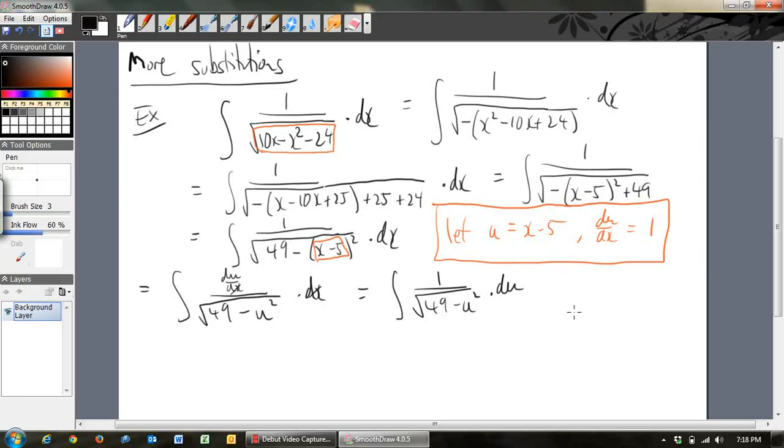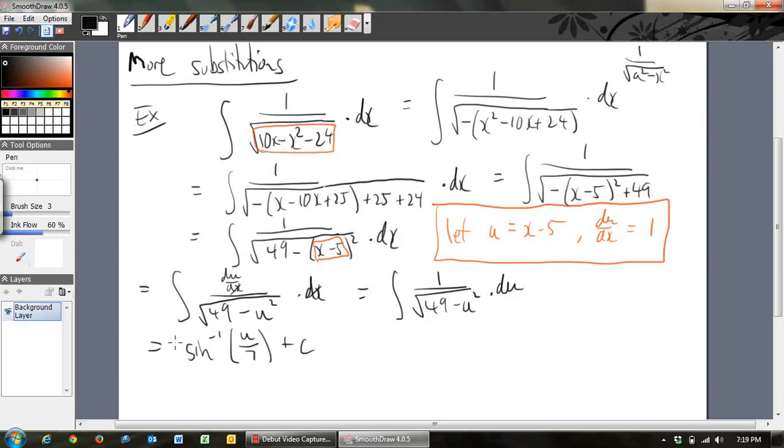Hopefully you recognize this. Just a reminder that arc sine comes from 1 over the square root of a squared minus x squared. So if we take the antiderivative, this is arc sine of u over 7, because in this case a is equal to 7, since 7 squared minus u squared is what we have. That's our answer, plus c.